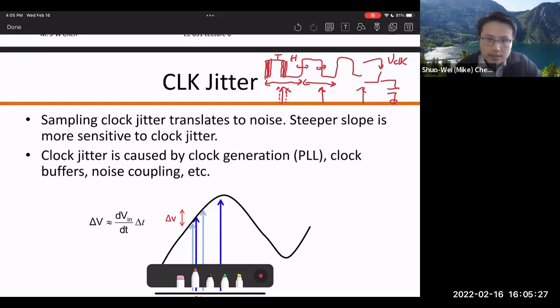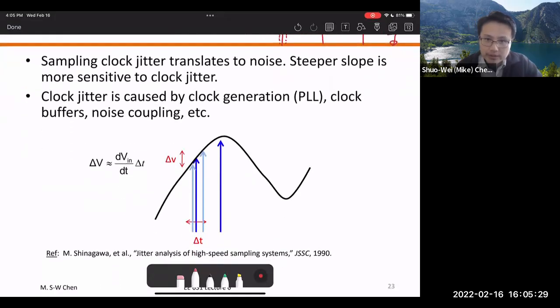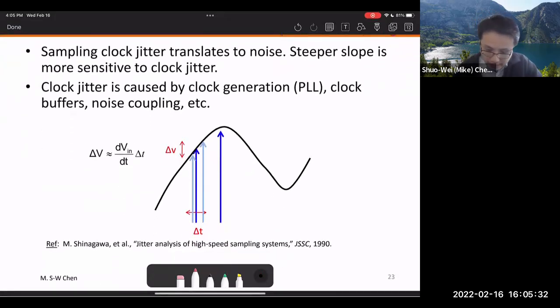So what is the impact? Here the black signal is my input, and I'm supposed to sample it with this delta train, the blue one. Supposedly, I should sample this point and this point, wherever the sampling instant is. However, because of the jitter, there's a delta t.